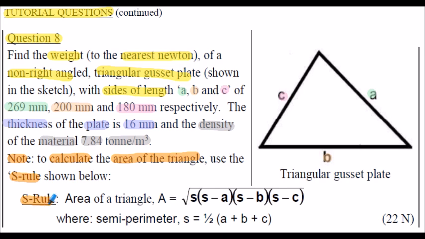So the area of a triangle A is given by the formula shown here, where S is the semi-perimeter, and that's calculated from a half of, in bracket, side A added to side B added to side C. The weight of the gusset plate is shown here in the bracket. I'd encourage you to stop the presentation and attempt this question, but the full worked solution is shown on the following slides.